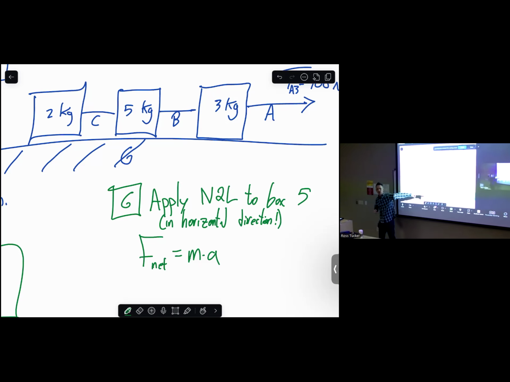If I've got a rope going off to my right, it pulls me right. If I've got a rope pointing left from me, it doesn't push me rightward. It pulls me leftward. Which direction do we call the leftward direction? Okay, consider that, and you may change your answer for G.